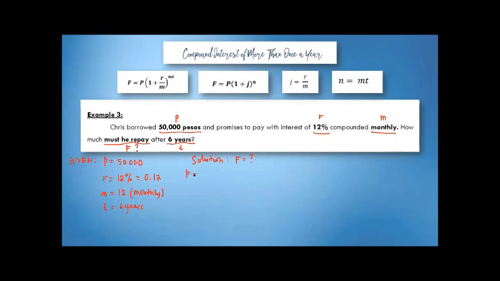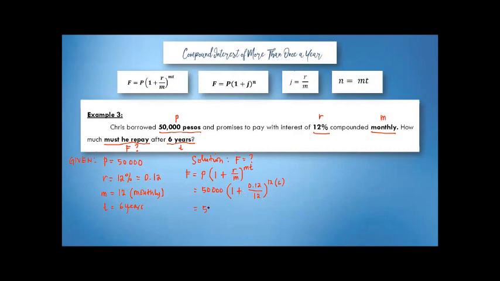So future value is equivalent to present value times the quantity of 1 plus R over M raised to M times T. Substitute natin, we have 50,000 times the quantity of 1 plus 0.12 divided by 12 raised to 12 times 6 years. So, pwede natin i-simplify ito at saka ito.